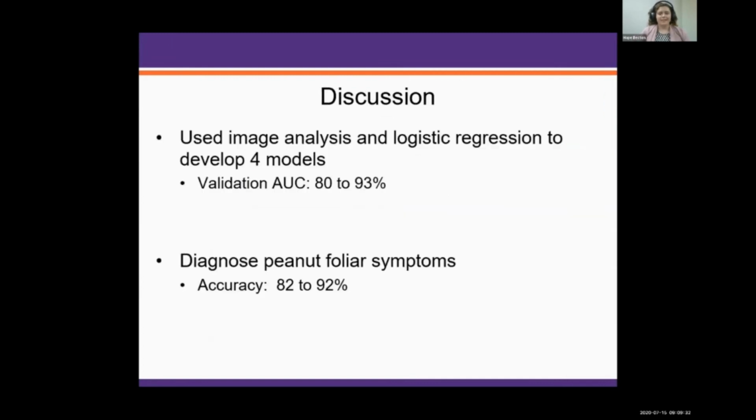So obviously this isn't a finished project. However, we were able to use image analysis and logistic regression to develop 4 models with their validation AUCs ranging from 80 to 93%. Those models were able to diagnose the peanut foliar symptoms with accuracies ranging from 82 to 92%.